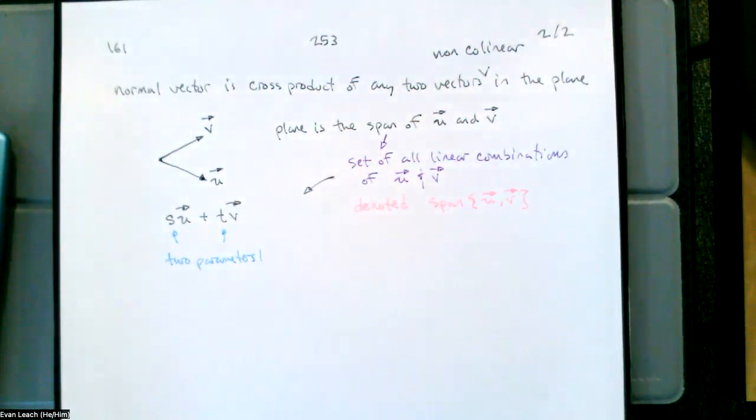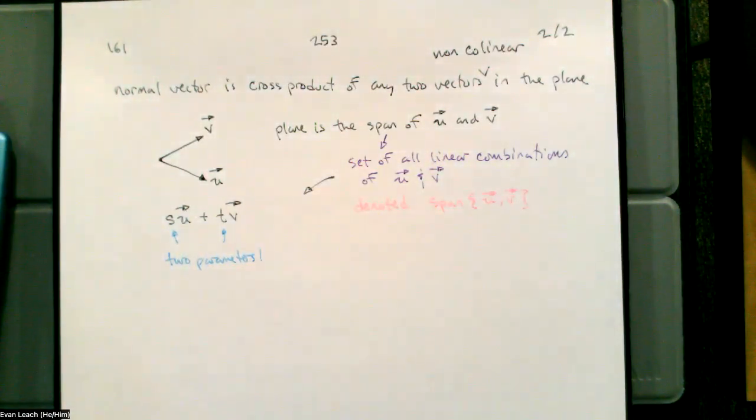That's what a linear combination of things is. Scalar times one plus a scalar times another. So this goes back to the beginnings of our geometry.